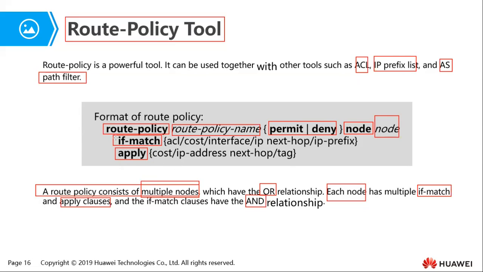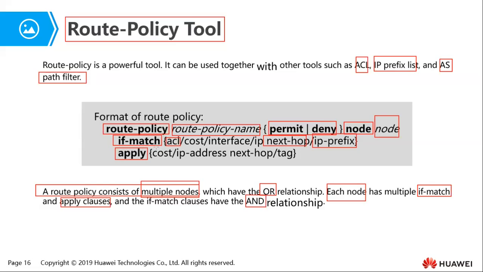Most of the time, under the if-match, we specify an ACL or a next hop or an IP prefix. So if it matches this IP prefix, if it matches this ACL, then apply this.